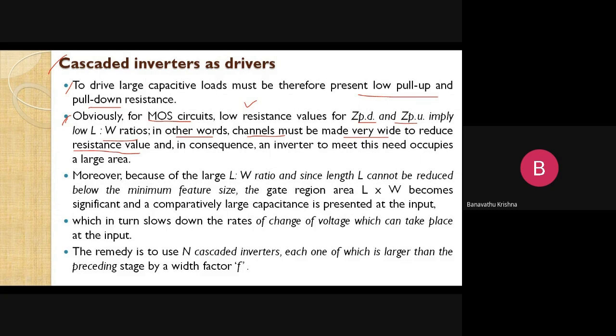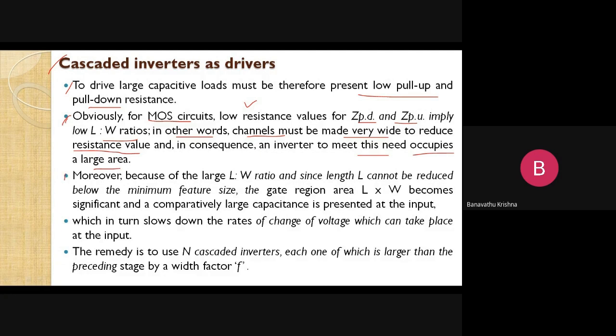If we increase the width of the channel, then automatically the channel resistance is going to be reduced. But there is one problem when we increase the width of the channel, right? The device occupies a large area, right?